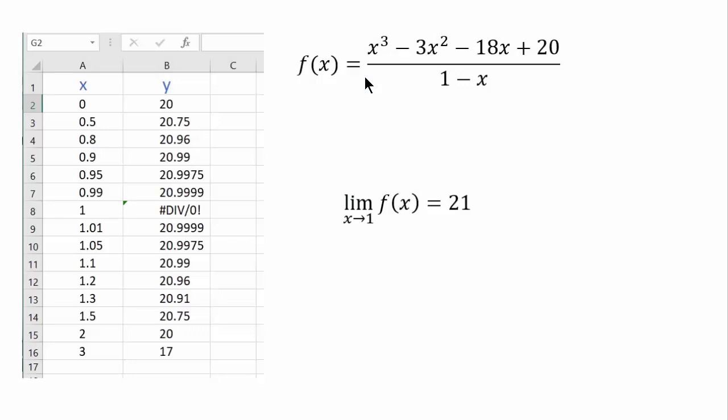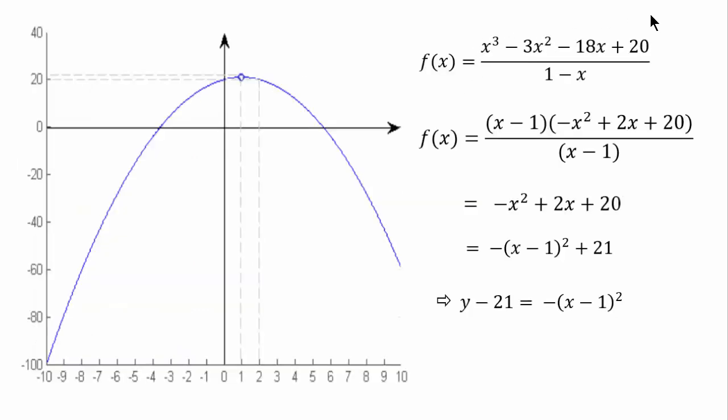But before that, I'd like you to bear in mind that the way we find the limits in practice is of course not like that using datasheet. It's rather based on algebraic simplification as follows. By factoring the numerator, which is a polynomial of third degree, it's simplified into x minus 1 times this. And here we notice that we can cancel x minus 1 from here with x minus 1 from here.